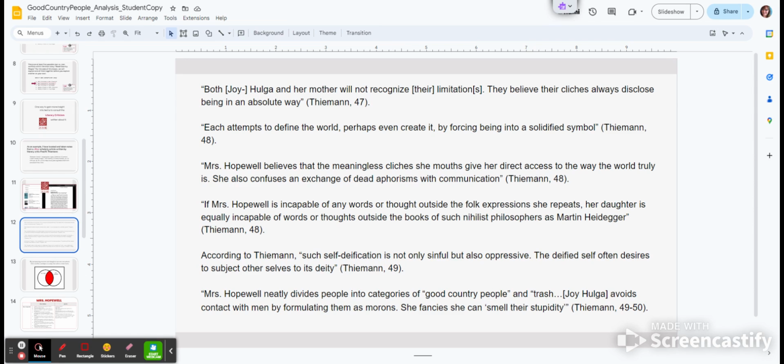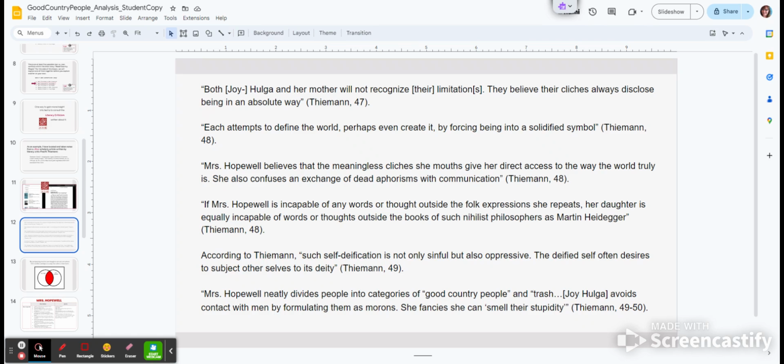Mrs. Hopewell believes that the meaningless cliches she mouths give her direct access to the way the world truly is." Oh my gosh, that is so true. "She also confuses an exchange of dead aphorisms with communication." She speaks in these phrases that are, like I've said before, void of any meaning.